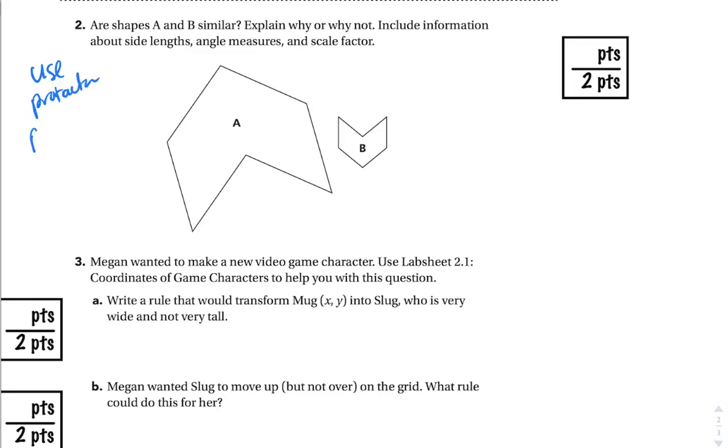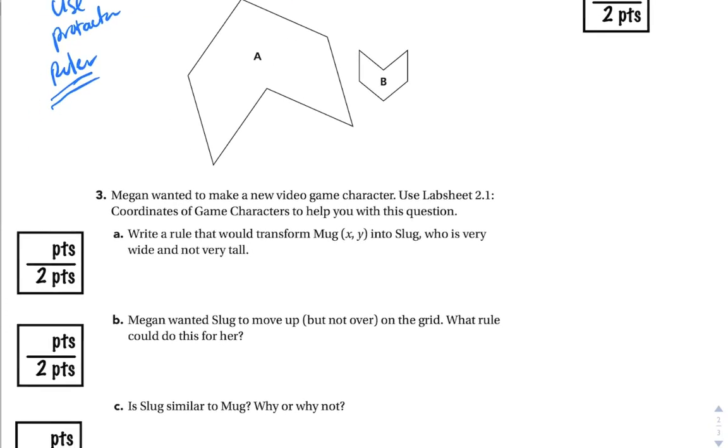Maybe you might need a ruler. You have rulers in your planners along the edge. You don't need to go get another one. Okay, in your explanation, you have to mention some of these items. If you don't, it's not going to be correct.